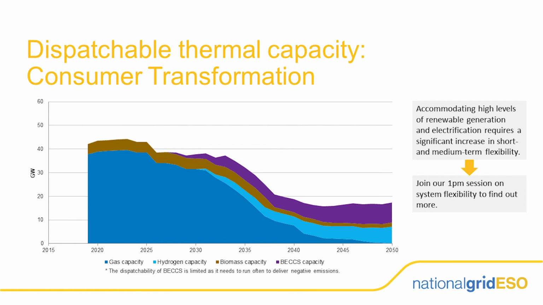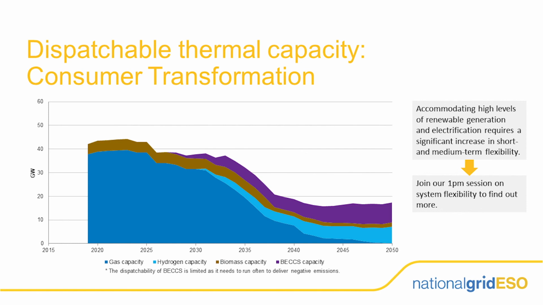The chart here is from Consumer Transformation, and it shows that dispatchable thermal capacity is set to reduce significantly during the 2030s. Biomass is replaced by BECCS, and some gas is replaced by hydrogen capacity.